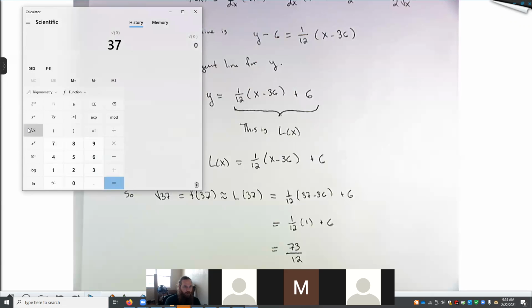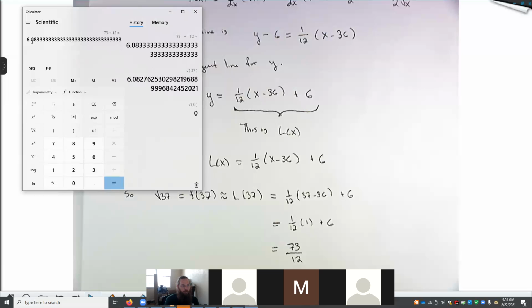Oh, sorry, 37. I don't know this calculator very well. Okay, 6.082762553, blah, blah, blah. Keep that tucked in your pocket. And now let's take 73 and divide by 12. 6.083. So look how close these are.